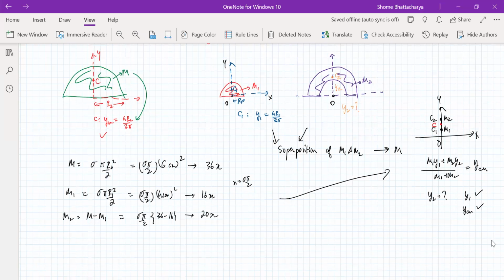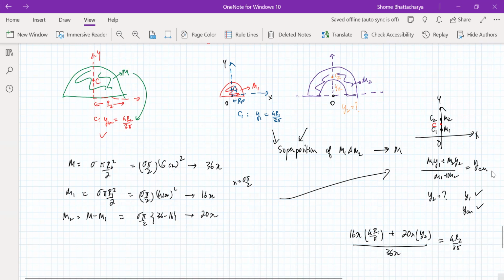So I'll replace all this. I'll get m1, which I'll now write as 16x, into y1, which is 4r1 by 3 pi. I'll substitute r1 also later. But then plus m2, which is 20x, into the unknown y coordinate y2, divided by m1 plus m2, which will give us 36x, the total mass. That should be YCM. So YCM is 4r2 by 3 pi.